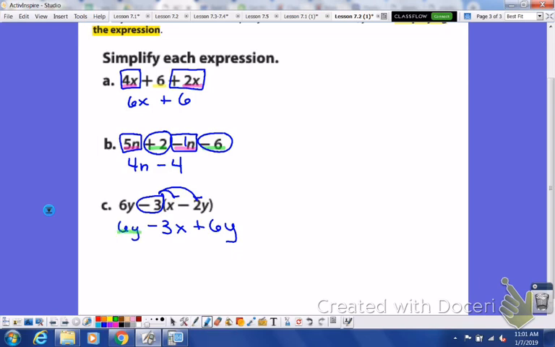I see a 6y and plus 6y, then negative 3x, there's nothing left to match it with. So go through, maybe box and circle if it helps you. 6y plus 6y, well 6 plus 6 gives me a positive 12, y comes down. All I'm left with is minus 3x, so the final answer is 12y minus 3x. All right, there's Lesson 2.